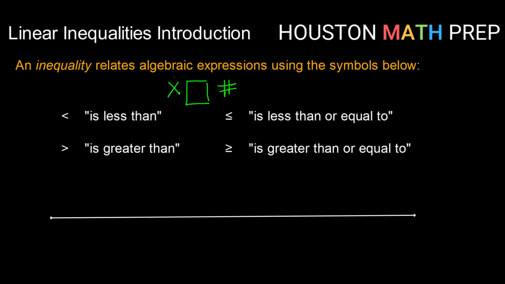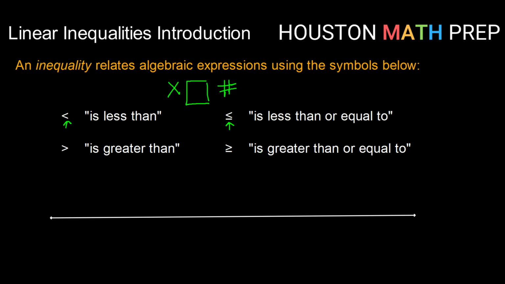So if x is smaller than whatever this quantity on the right is, then we might use this symbol right here, which translates to is less than. If x can be any number smaller than that number or even that number itself, we would use this symbol, less than or equal to.